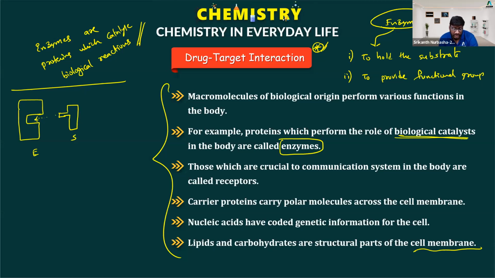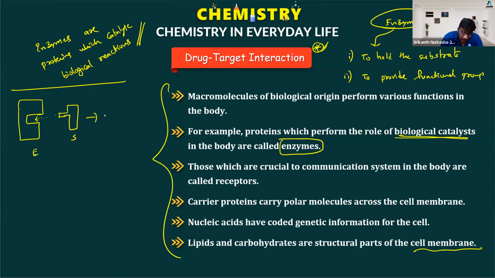The enzyme holding the substrate doesn't mean there are geometrical figures, as I told you in the last class also. The enzyme will develop new intermolecular forces of attraction with the substrate so that the binding can happen.